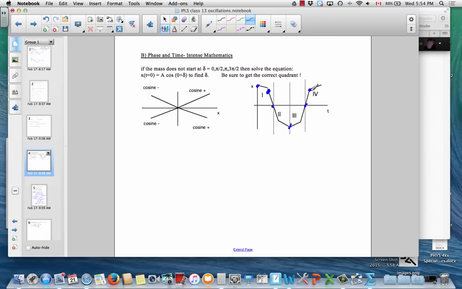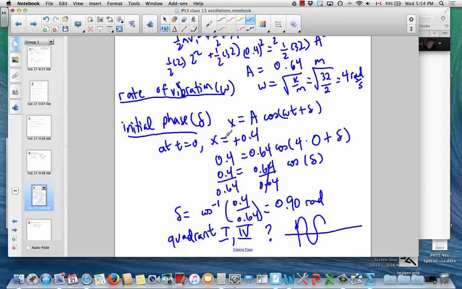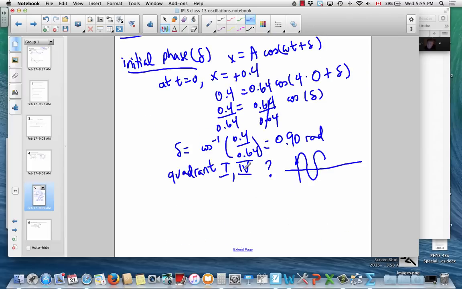So comparing an unshifted cosine with the actual graph in this case leads us to the conclusion that we need a quadrant 4 solution, and therefore, that the actual delta is 2 pi minus 0.9 radians, which is 6.28 minus 0.9, so that should be about 5.38 rads.